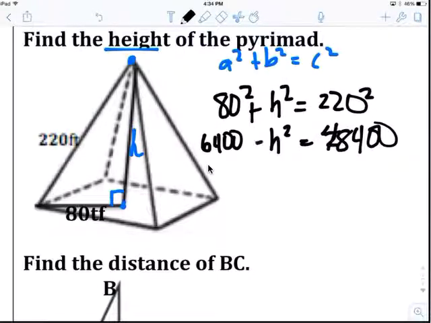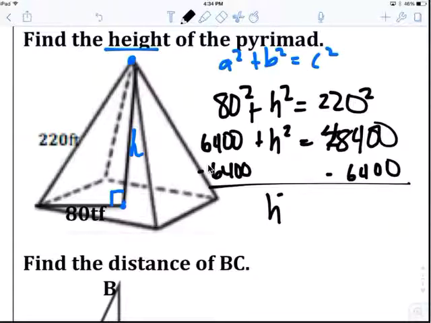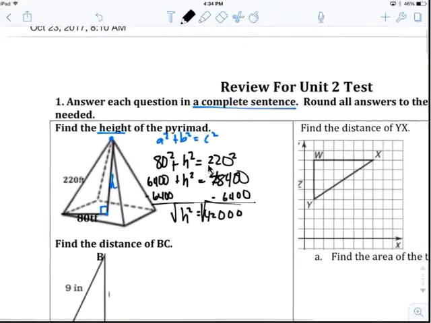H squared minus 6400, h squared equals 4200. Take the square root, h equals, and round it to the nearest tenth.